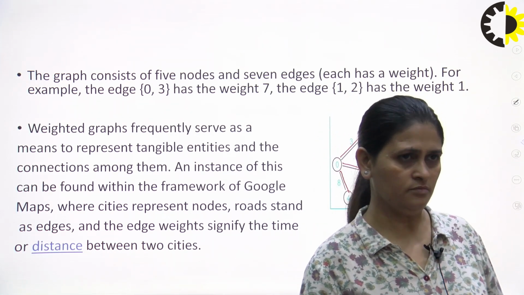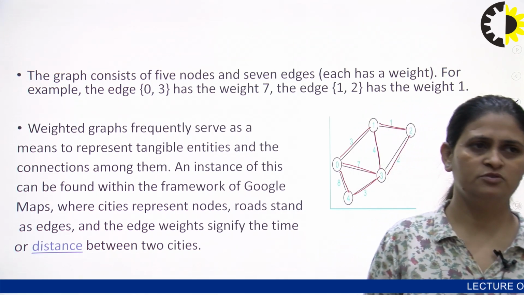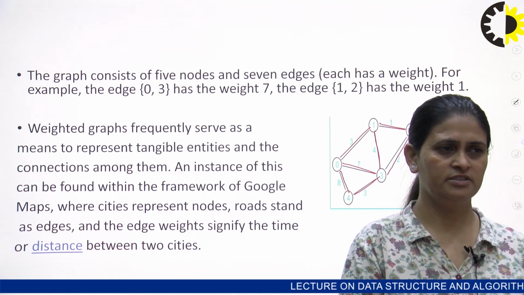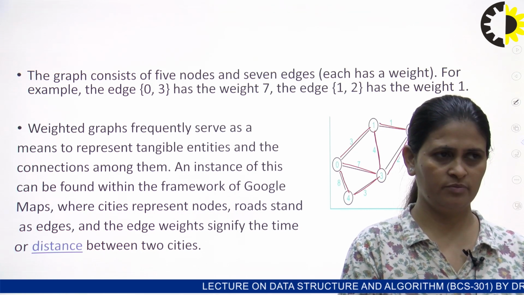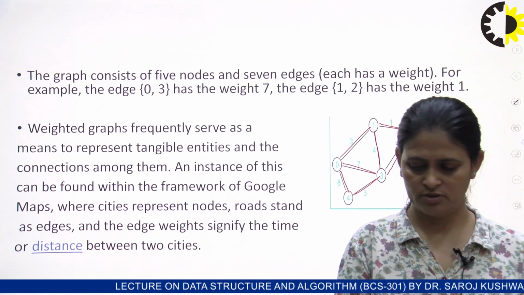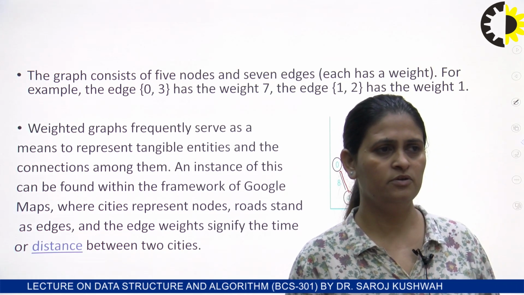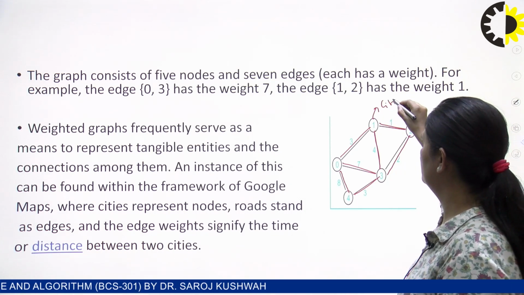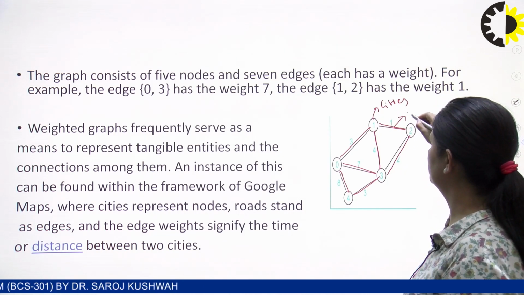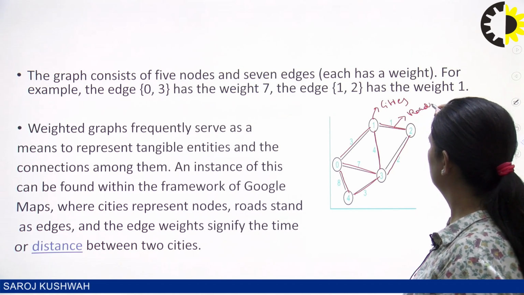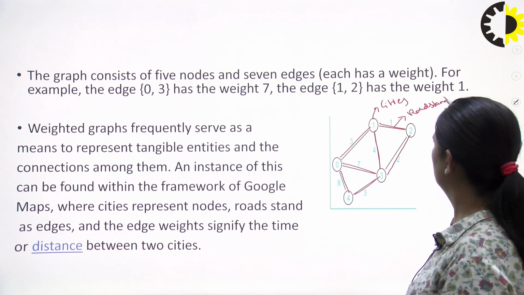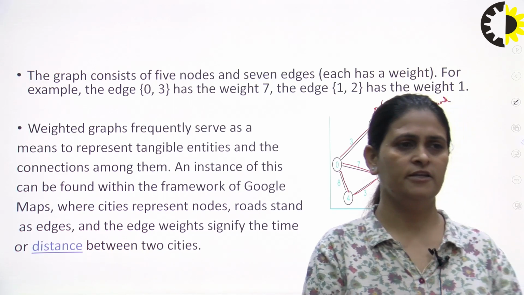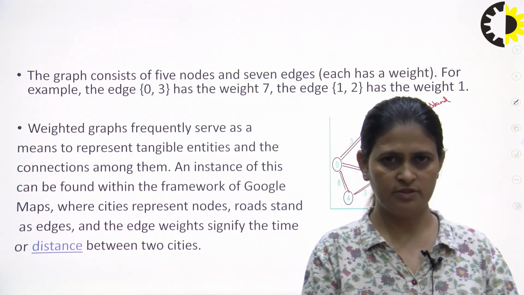The graph frequently serves as a means to represent tangible entities and the connections among them. An instance of this can be found within the framework of Google Maps, where a node represents a city, and a road stands as an edge. The nodes represent the cities and the edges represent the roads, and the edge weight signifies the time or distance between two cities.